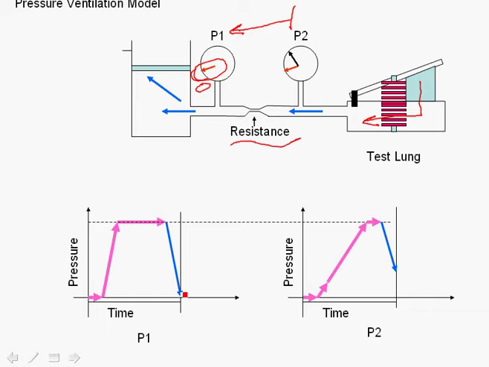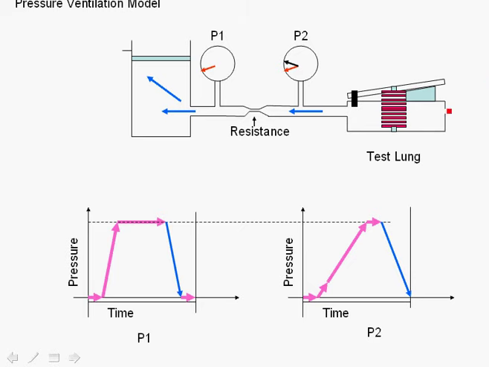Initially, P1, the mouth pressure, will drop very quickly to 0, or our PEEP level. P2, represented by our lung pressure, will decline, but it'll take a little bit of time before it finally reaches 0, because I need that pressure gradient from the alveoli to get flow back to the atmosphere during exhalation.